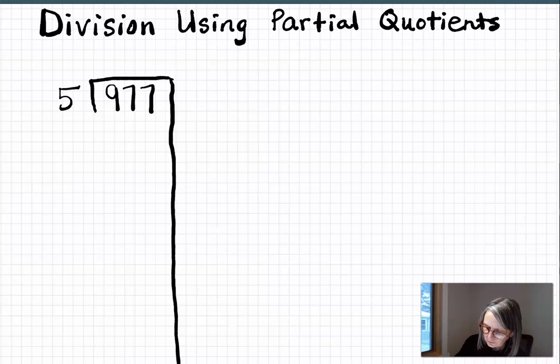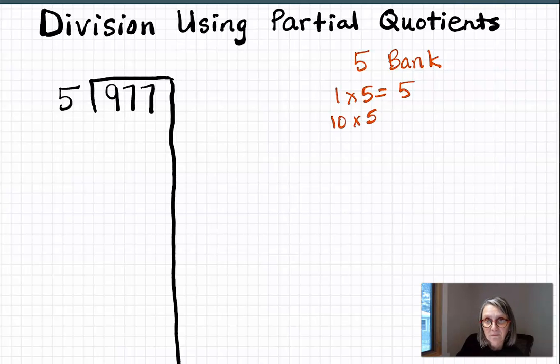On this side, I'm going to create a 5 bank. And in that bank, I will multiply 5 by different numbers just to help me along the way. So we know 1 times 5 equals 5. 10 times 5, 50. 100 times 5, 500.